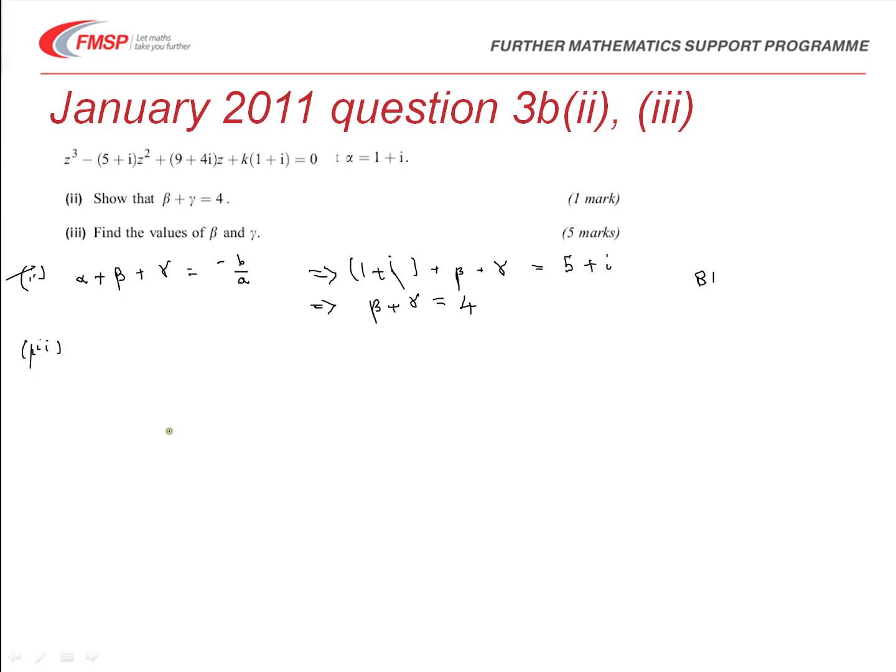Well, the only part we now haven't used is the product alpha beta gamma, which we know is equal to minus d over a.